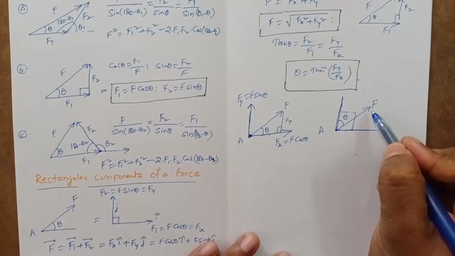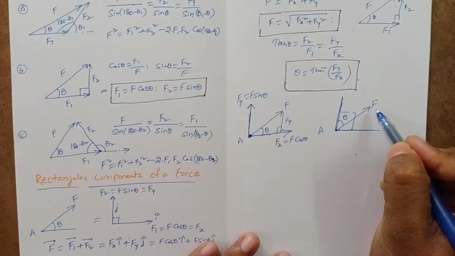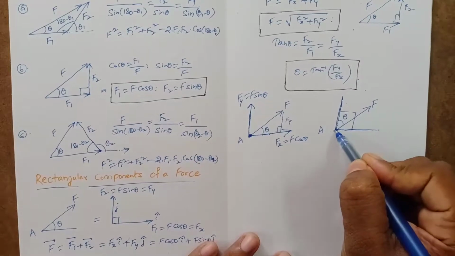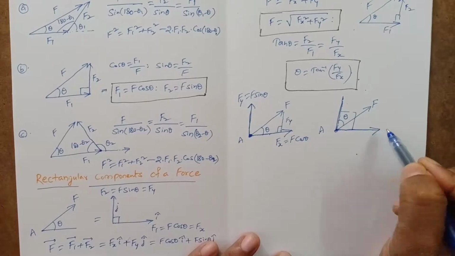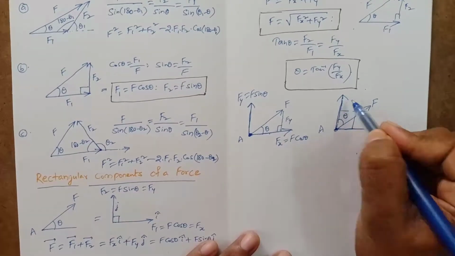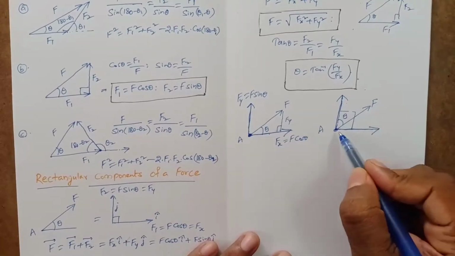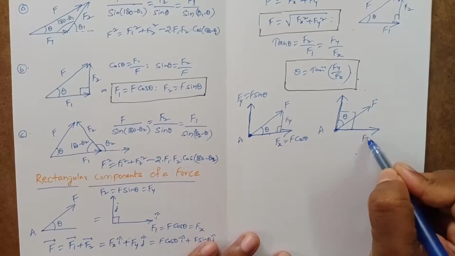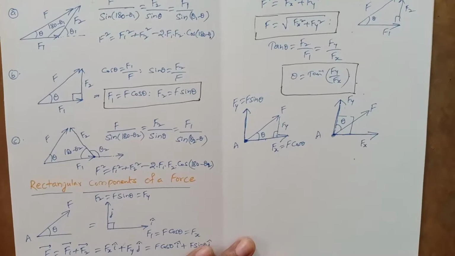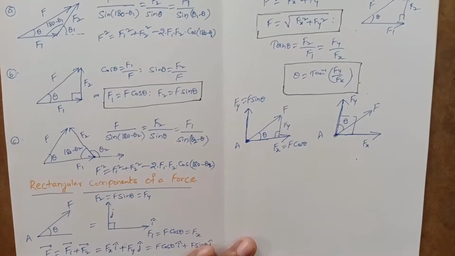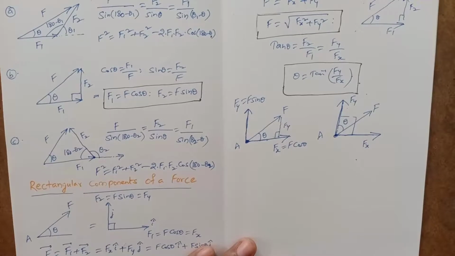Since this force F is acting away from this point A, both the components also must act away from this point A. So that is this and this one. This one acts along the x-axis, so it will become the component Fx, and this will become Fy. Now what is the magnitude of the component Fx?